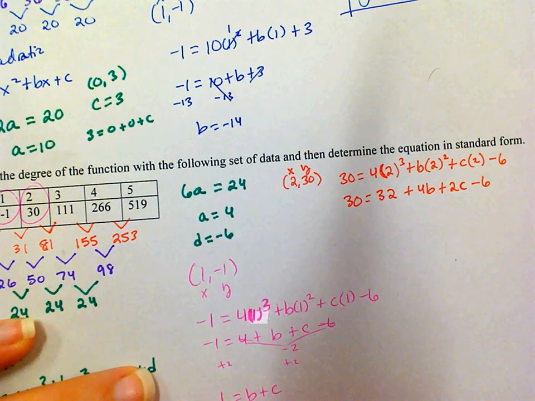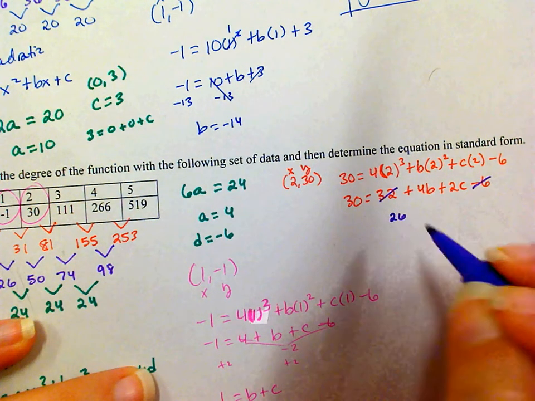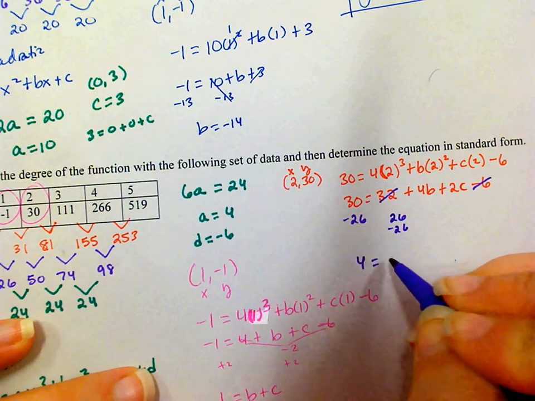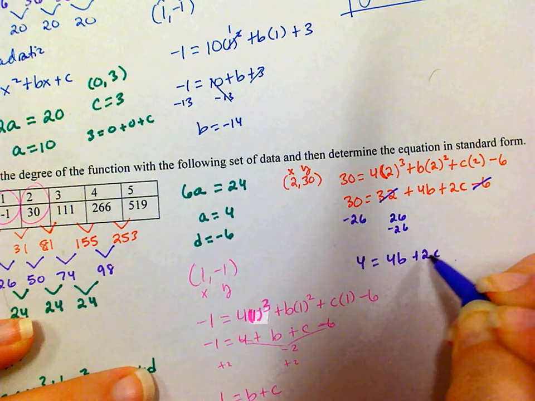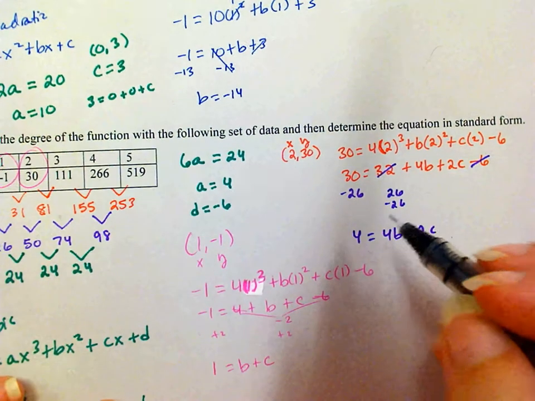And then if I subtract 26 from both sides, then I'm left with 4. Okay, so I'm going to take these two equations. So 4 equals 4b plus 2c.